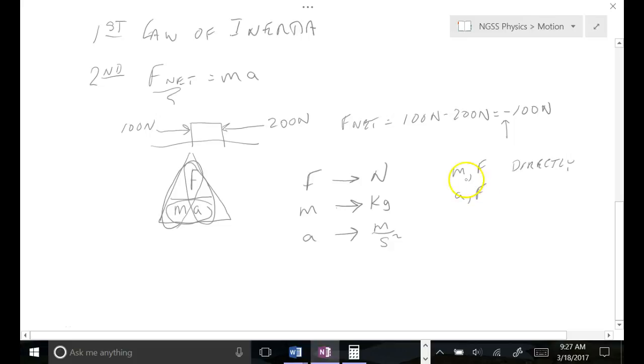That means if I apply more force, it can move more mass with the same acceleration. For acceleration and force, if I apply more force with the same mass, I can get more acceleration. So you'll notice the variables change in the same direction. More force can cause more mass to have the same acceleration. Okay, inverse.